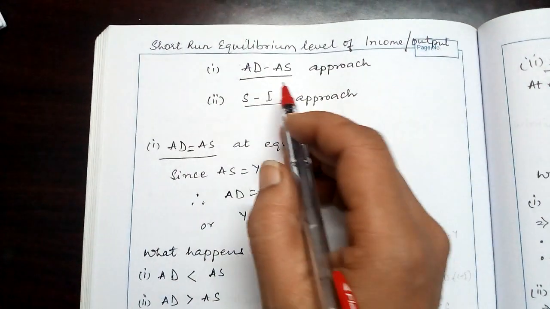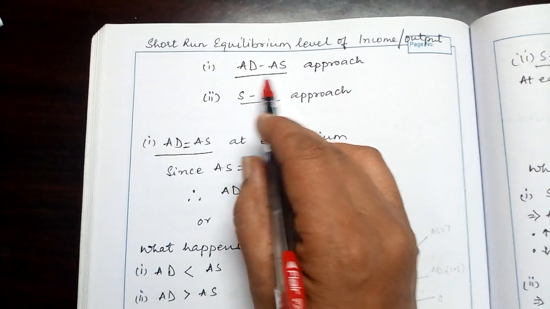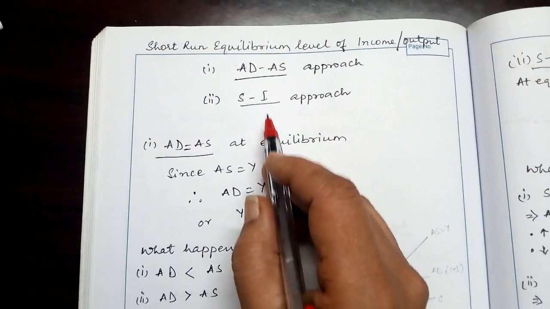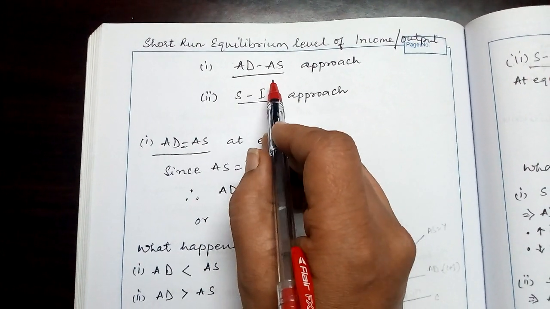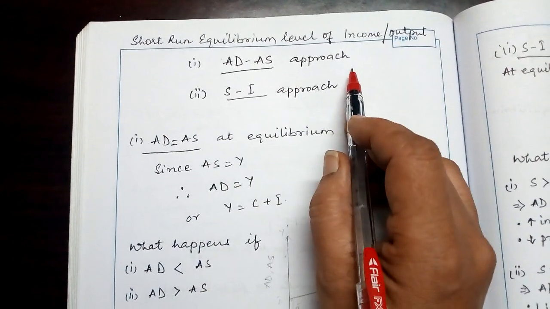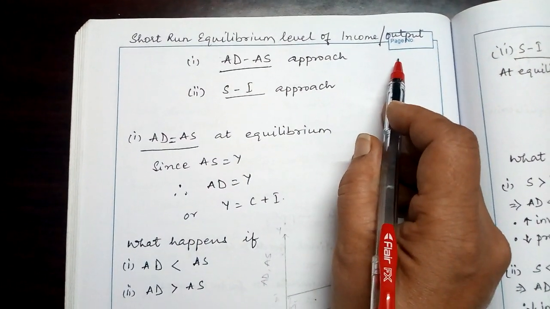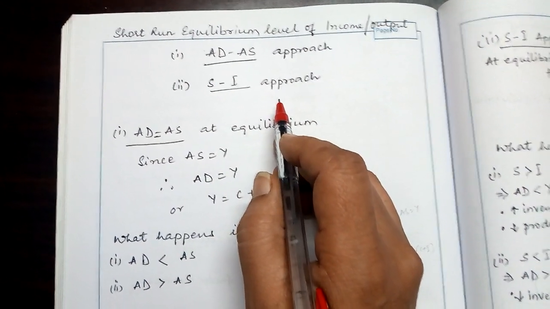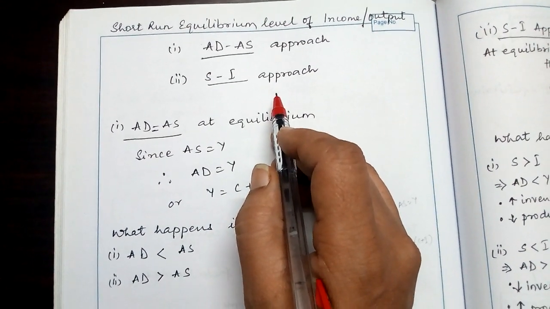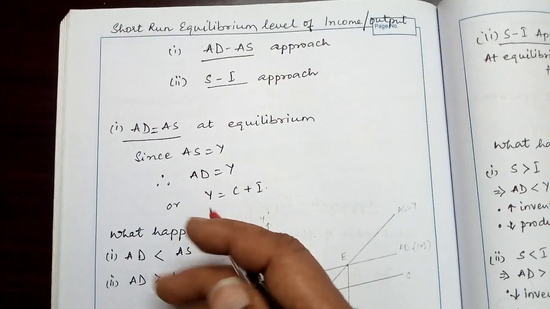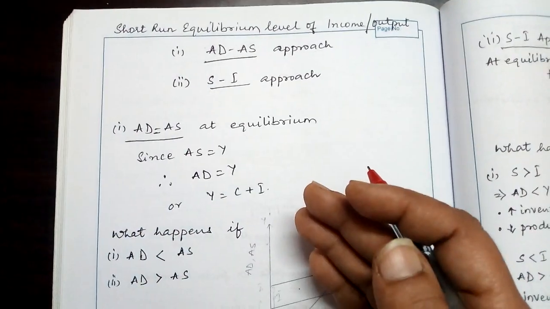Now we learnt what was aggregate demand and aggregate supply. At equilibrium, aggregate demand should be equal to aggregate supply. In the short run equilibrium level of income and output, we shall confine our analysis of determination of equilibrium level of income or output in an economy with only two sectors, that is households and firms.